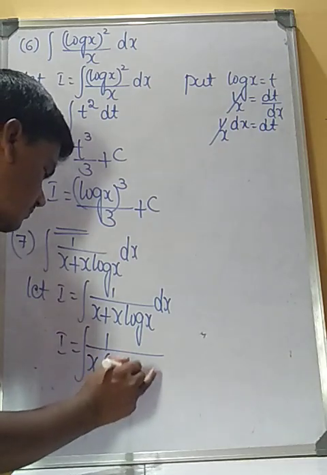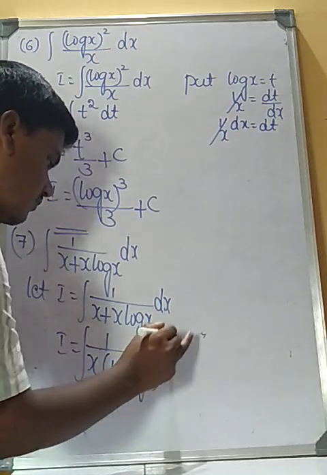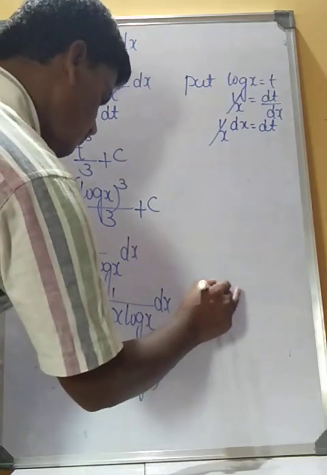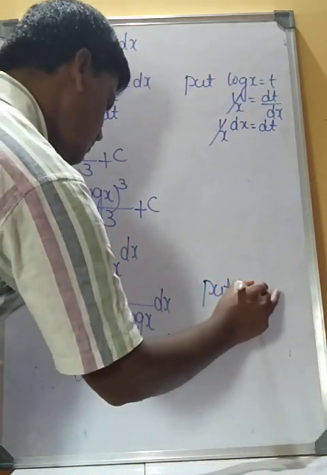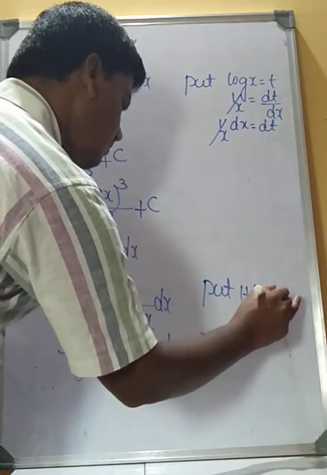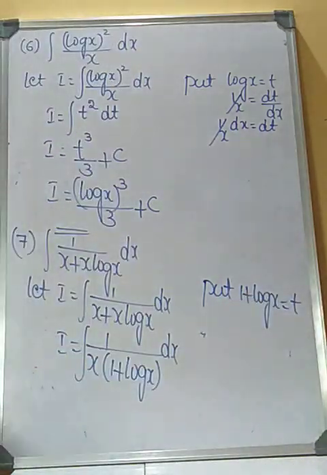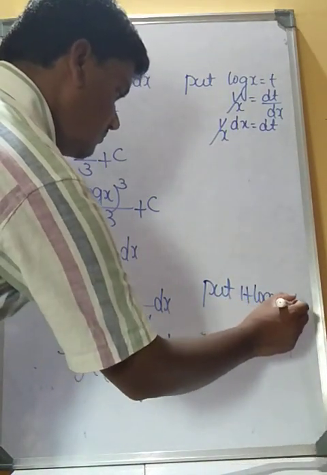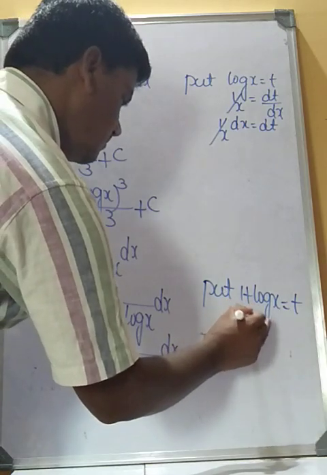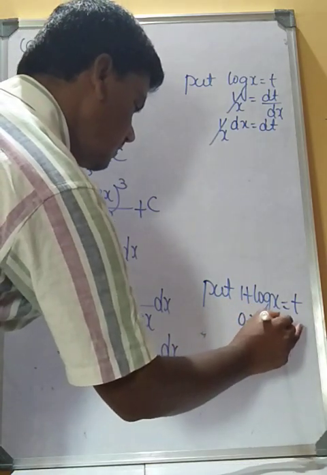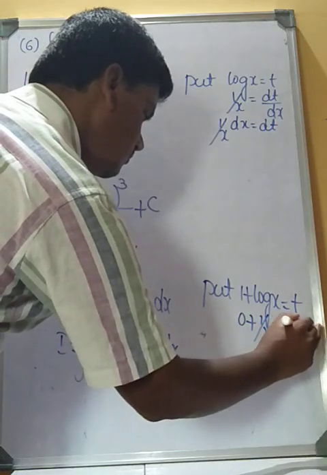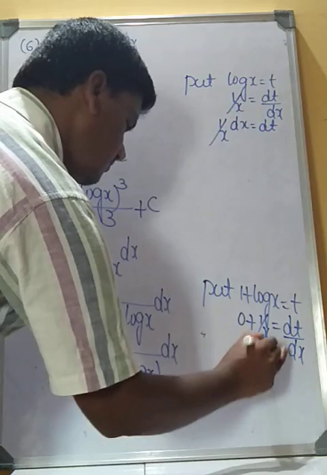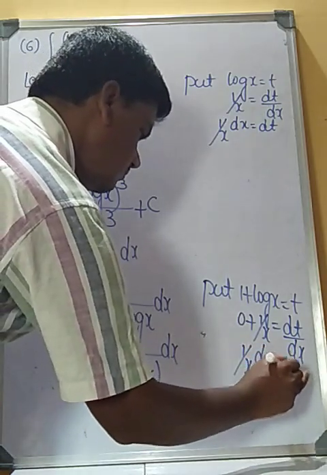Put 1 + log x = t. Differentiate with respect to x: 1 is 0, plus the derivative of log x, which is 1/x, equals dt/dx. Therefore (1/x) dx = dt.